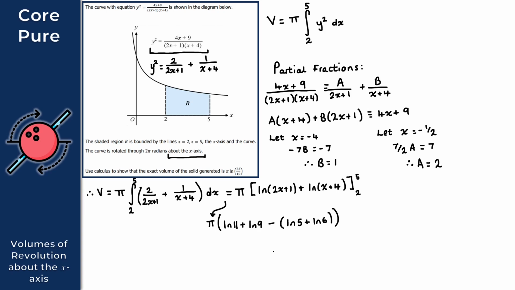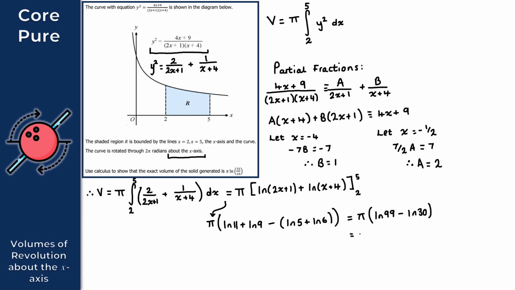Okay. If we then simplify this here, what would I get? Well, I get pi times by here then. So ln 11 plus ln 9, that's ln 99. So ln 99 there. Ln 5 plus ln 6 is ln 30. I've got minus ln 30 there. What I could do now then is write this as a single logarithm here.